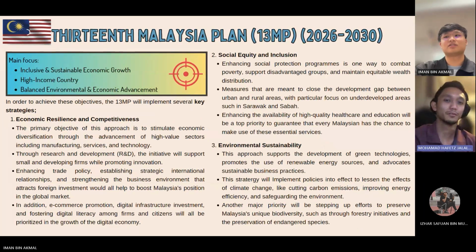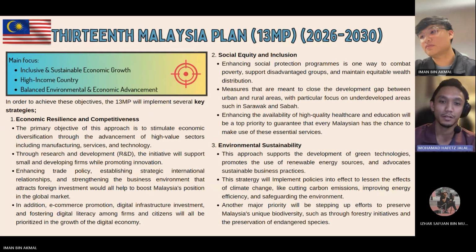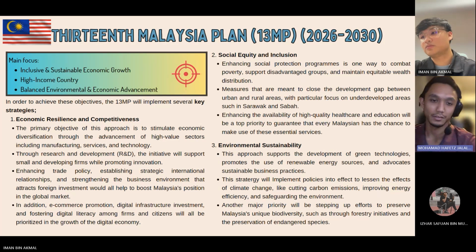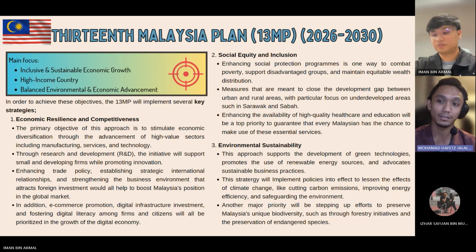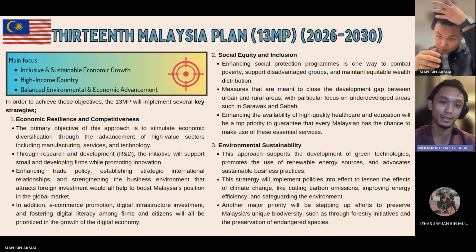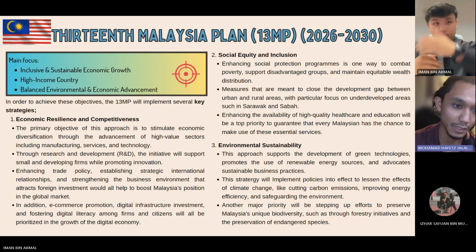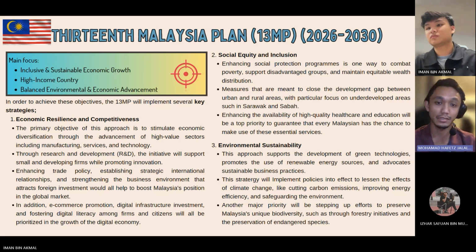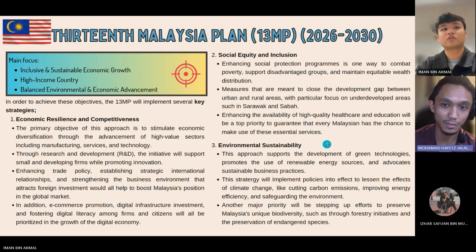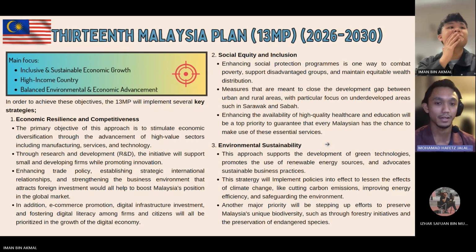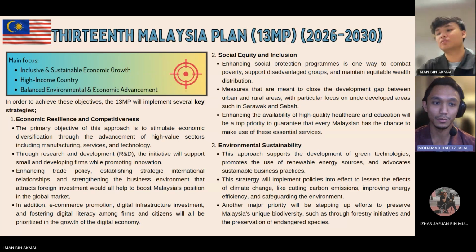So let's move on to the 13th Malaysian Plan, which is a continuation from the 12th Malaysian Plan. Both the 13th and 12th Malaysian Plans are part of a vision, Malaysian Vision 2030, that was created by Tun Mahathir in 2018. So let's continue with the 13th Malaysian Plan, which is intended to take place from 2026 through 2030.